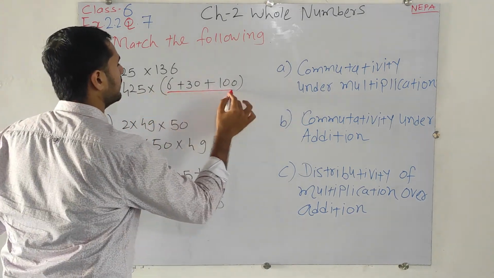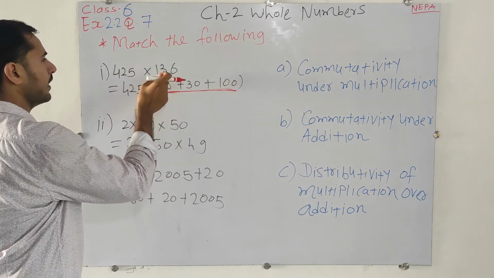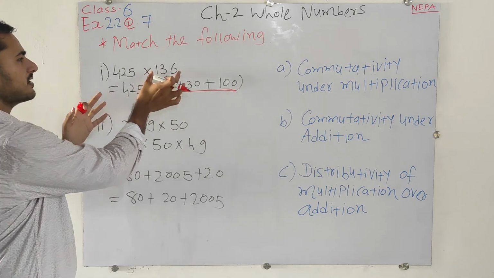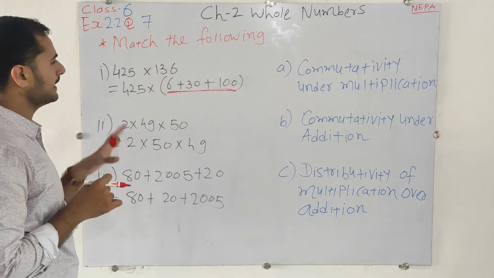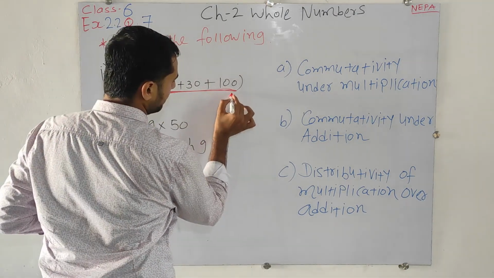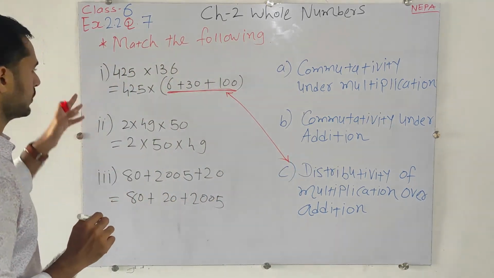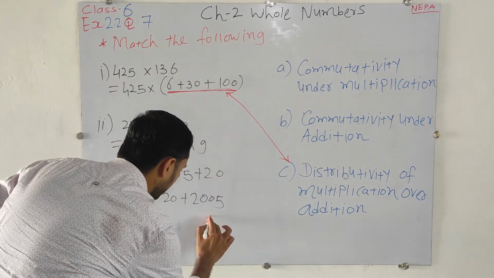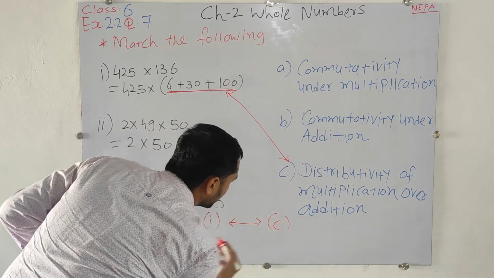Okay, just see what they used. They distributed 136 as 6 plus 30 plus 100. By that I can say this is the distributive property, which is C1. So the answer is first to C. Fine.